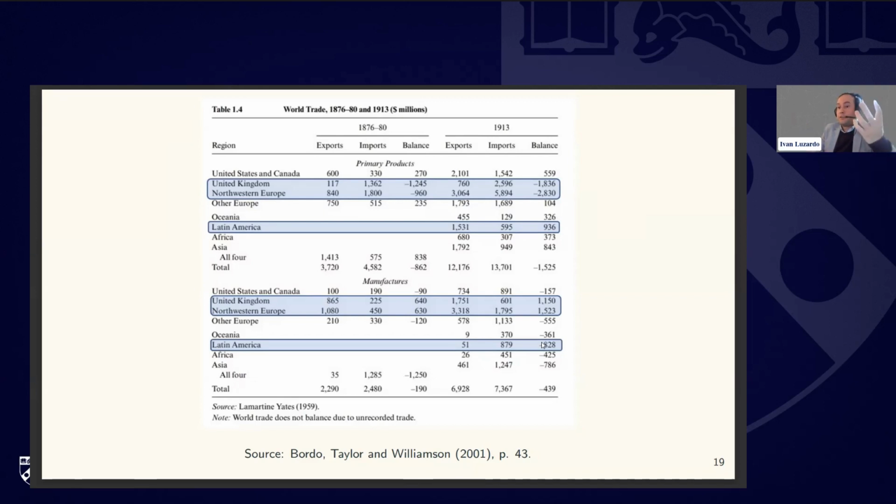So in understanding how Latin America is integrated into the world economy, we can summarize: Latin America is exporting commodities and is essentially importing manufactures.